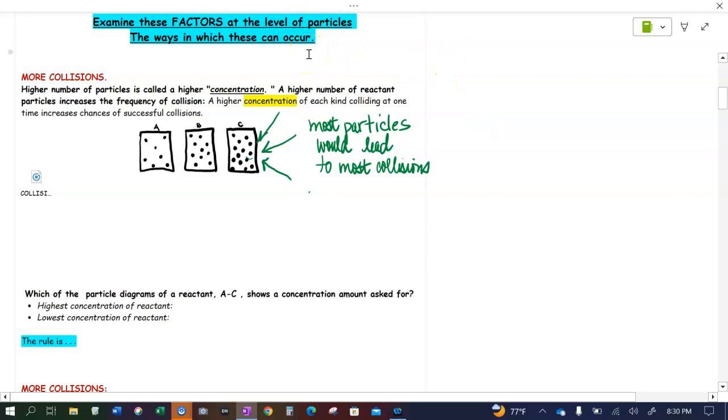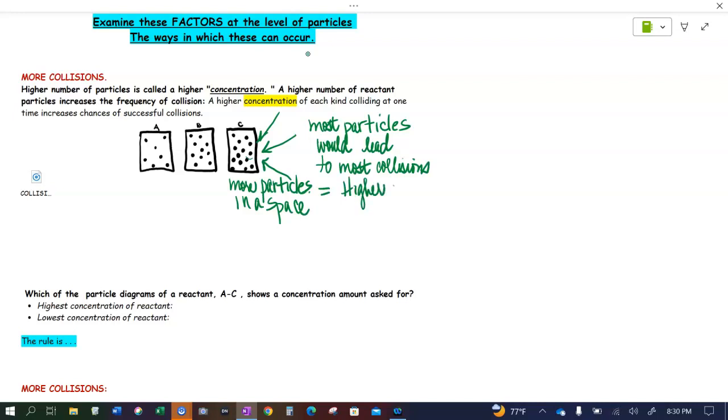When particles are closer together like this, with more particles in a space, that equals a higher concentration. That's how we use that word in chemistry.